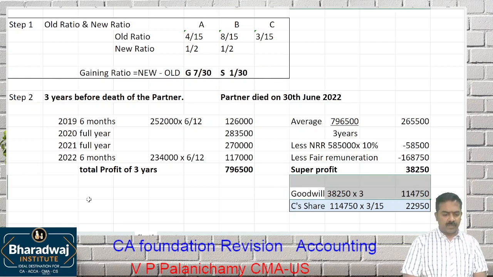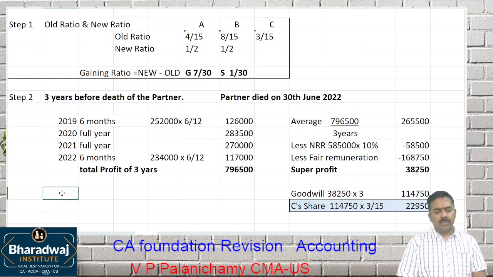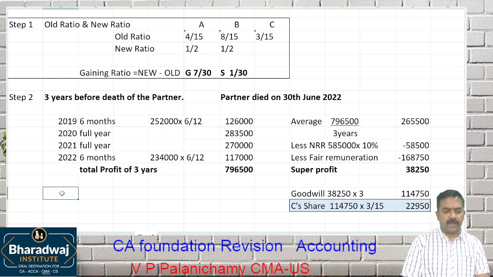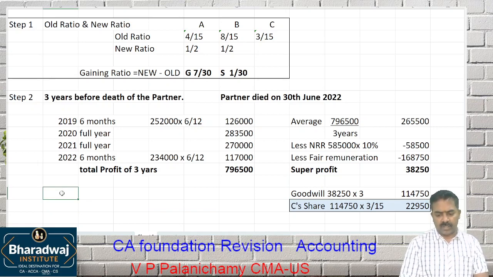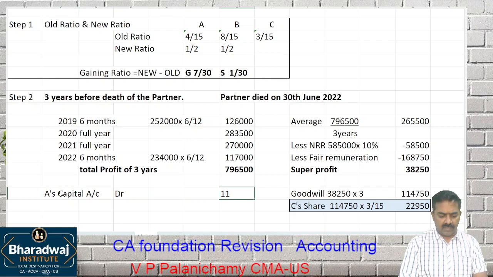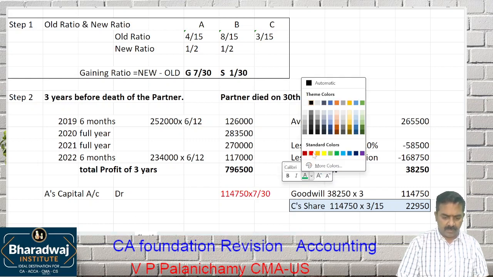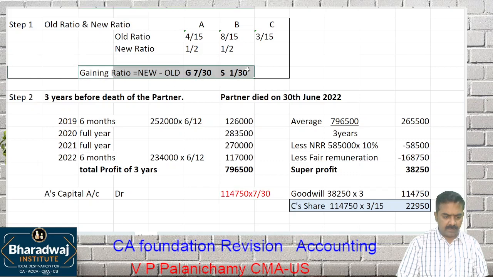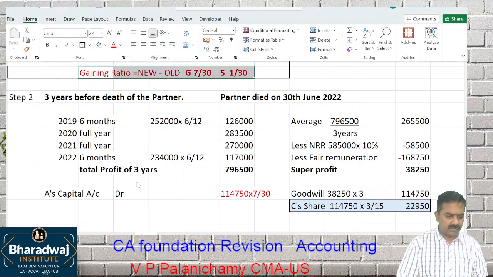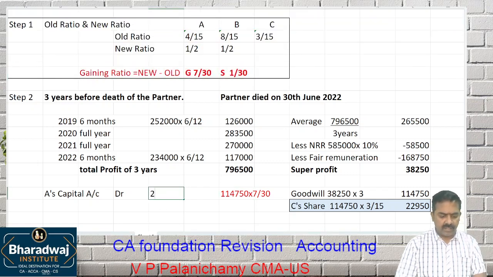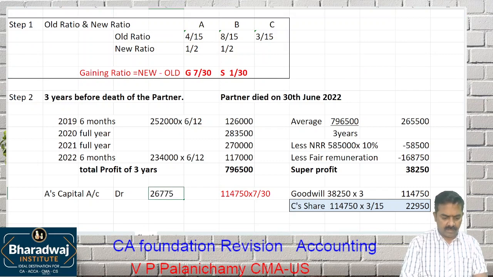So there are two methods of working. Wait. Who is the deceased partner? The gaining partner's capital account is debited. Who is the gaining partner? A's capital account debit: 1,14,750 into gaining 7 by 30. How much does it come to? 26,775.